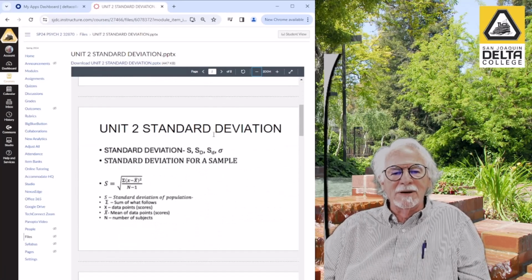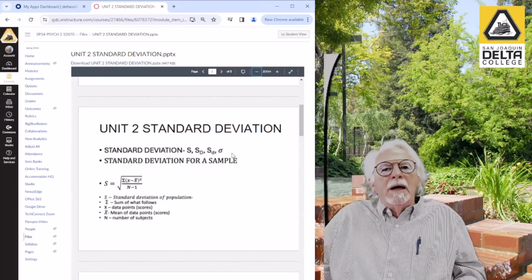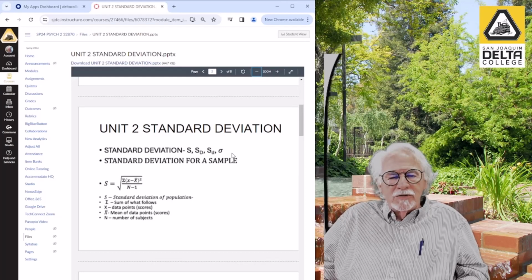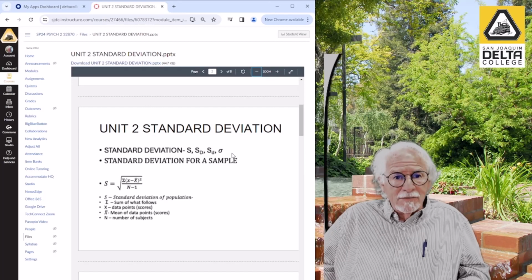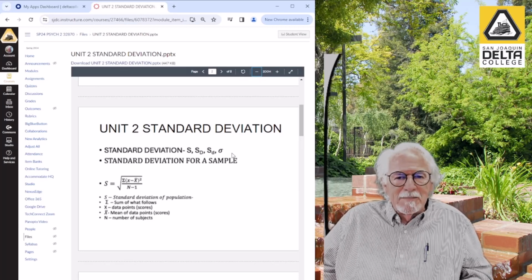Now we're going to talk about the standard deviation, and I just use the S here for a sample. A population is like, if I wanted to talk about the population of students from Delta College, that would include every student, whether they take one class or five classes, Mountain House, online, main campus, even some of the high school kids registered at Delta.